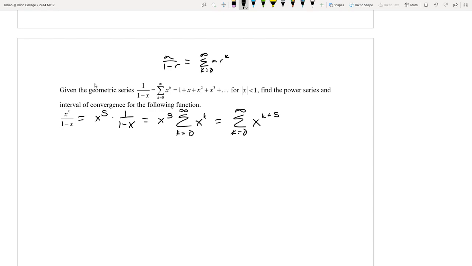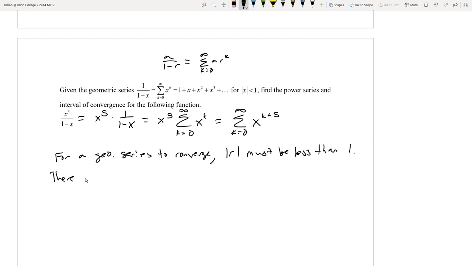For a geometric series to converge, we know that the absolute value of r must be less than 1. And with geometric series, when r is equal to 1, we get divergence.